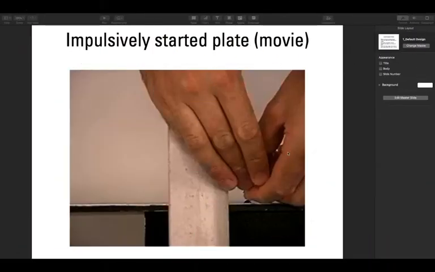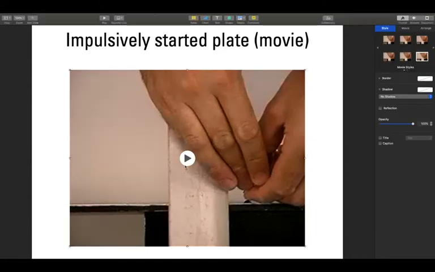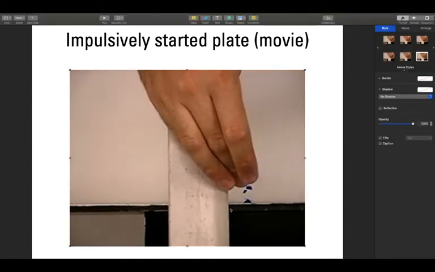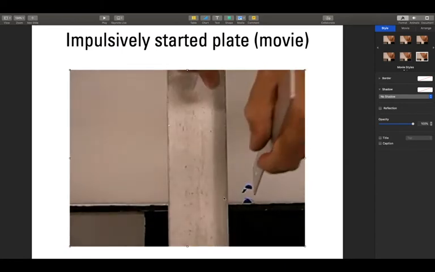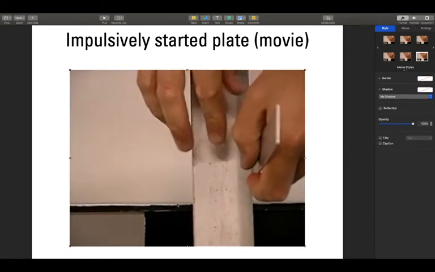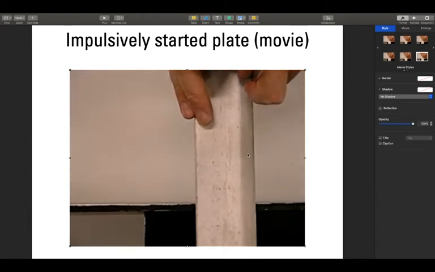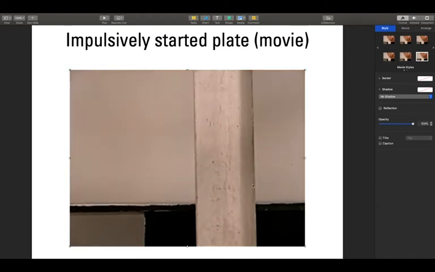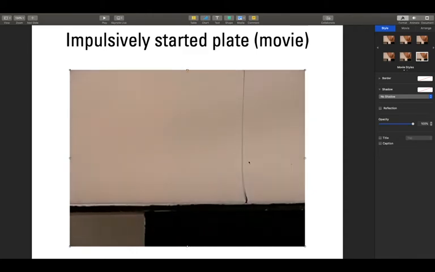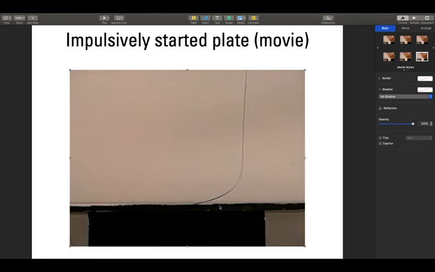So here we have an impulsively started plate. So what is that? There is a plate which is at this location over here. If you can follow my cursor, this person is going to mark a dye on a sheet, and then suddenly this plate will start moving.